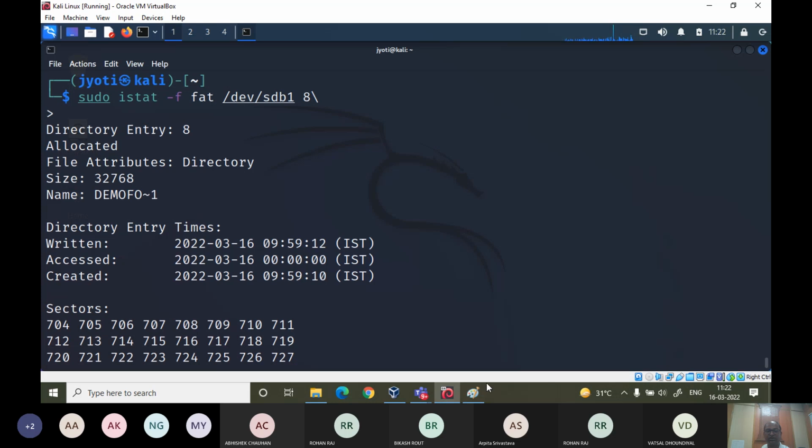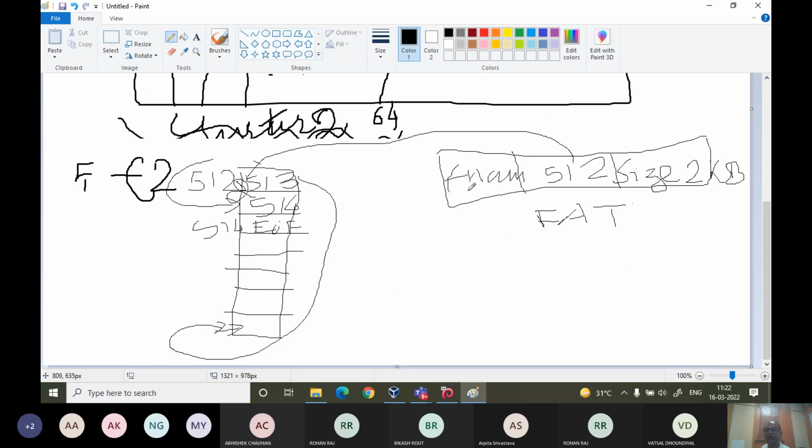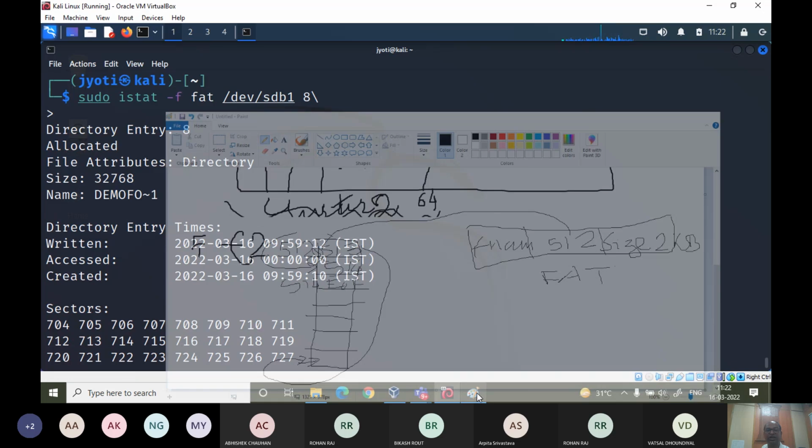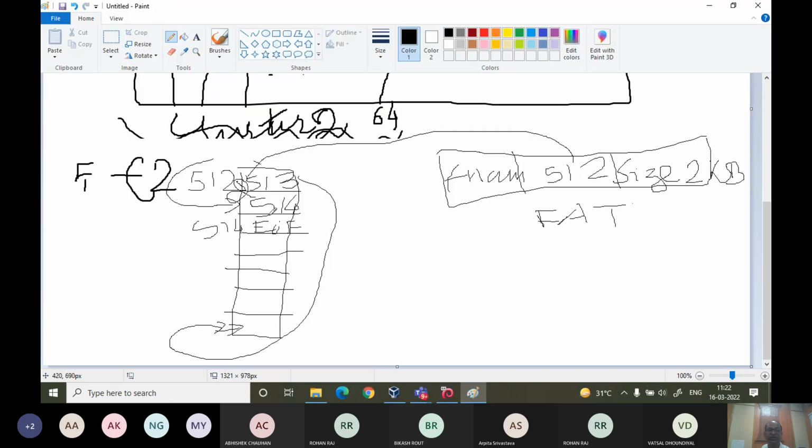So that FAT entry, what I was just showing you, there will be a FAT entry, and then there will be a directory, and then the directory will be allocated. If in this one it is 0, that means this is not allocated. If it is 1, that means it is allocated.